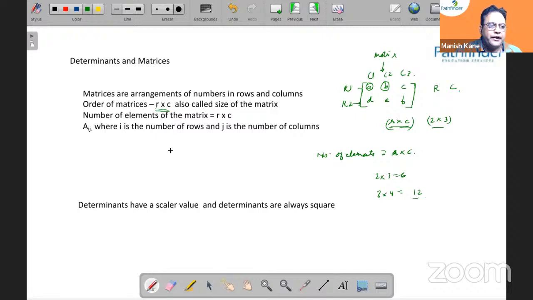Each square matrix has a determinant, and determinants have scalar values. Only square matrices will have determinants. So when we say determinant, there is no R by C, it is N by N, because the number of rows and columns has to be the same. Only then can we evaluate the determinant.